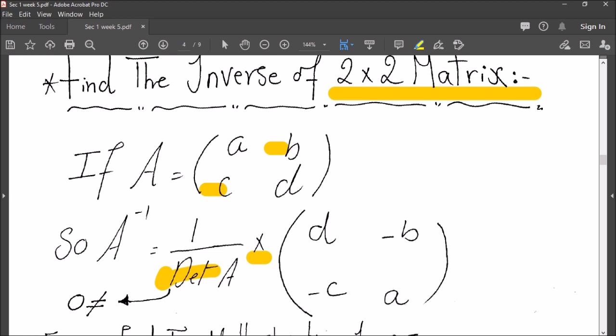If b was negative, it becomes positive. If b was positive, it becomes negative, and the same for c.